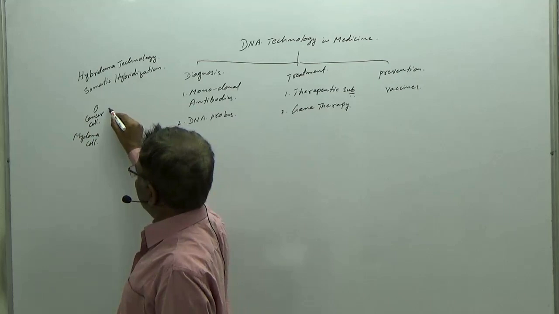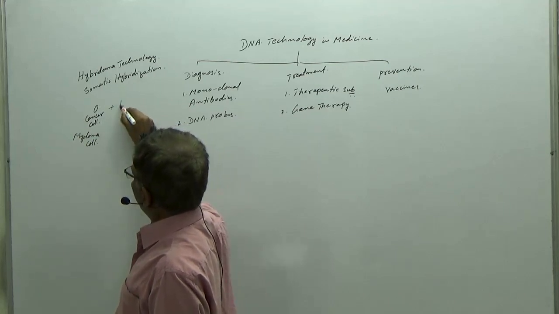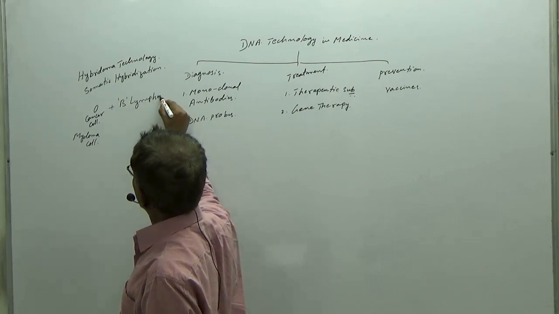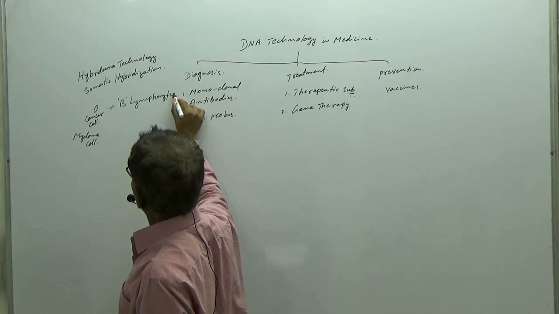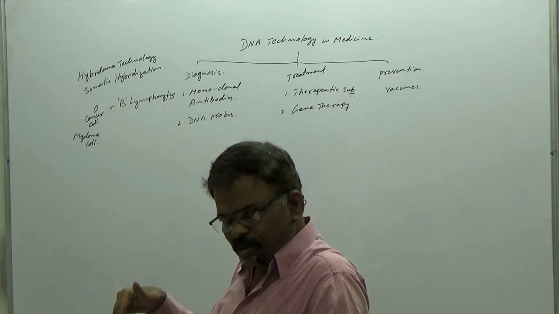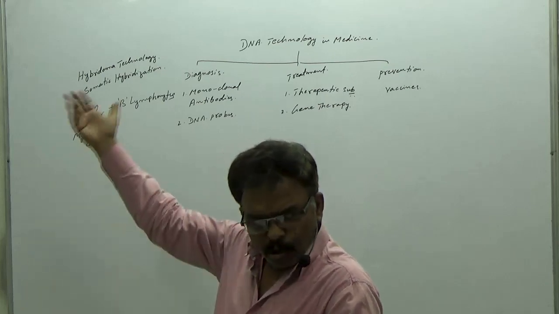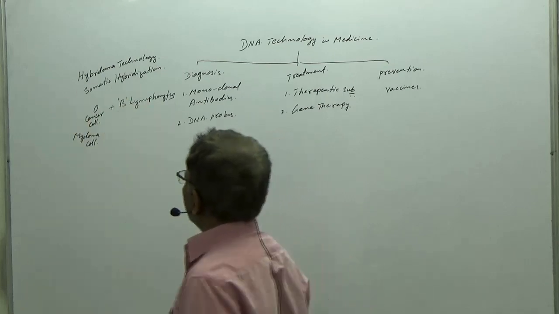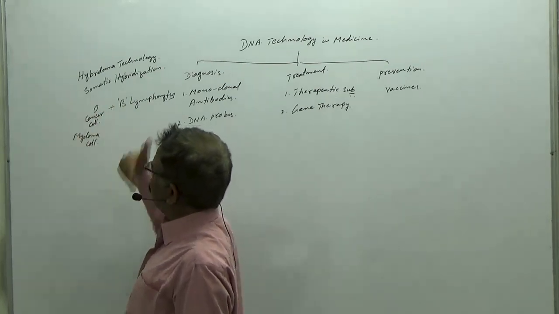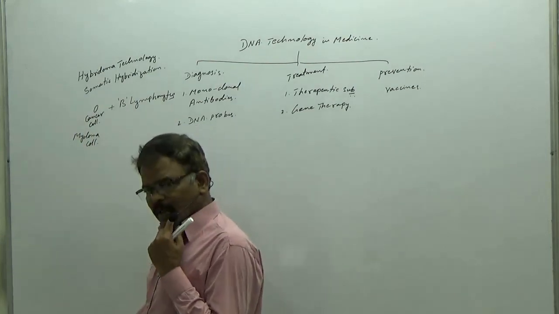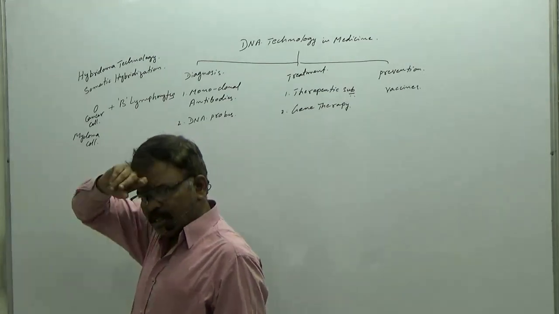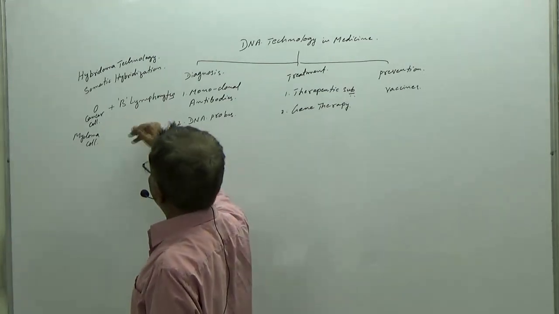First they select one cancer cell, then B lymphocytes. What are these B lymphocytes? These B lymphocytes only produce antibodies; they are antibody producing cells. So the cancer cell has high reproducing ability, abundant capacity to produce similar cells, and the B cell produces antibodies.